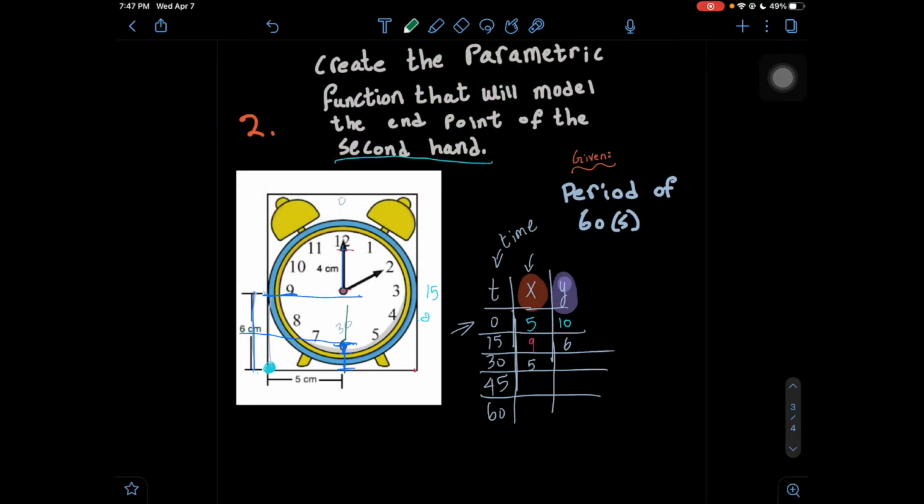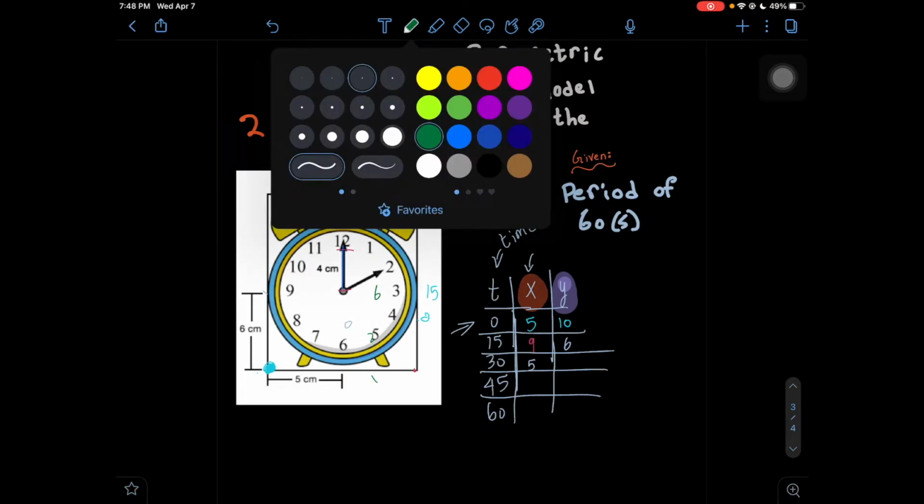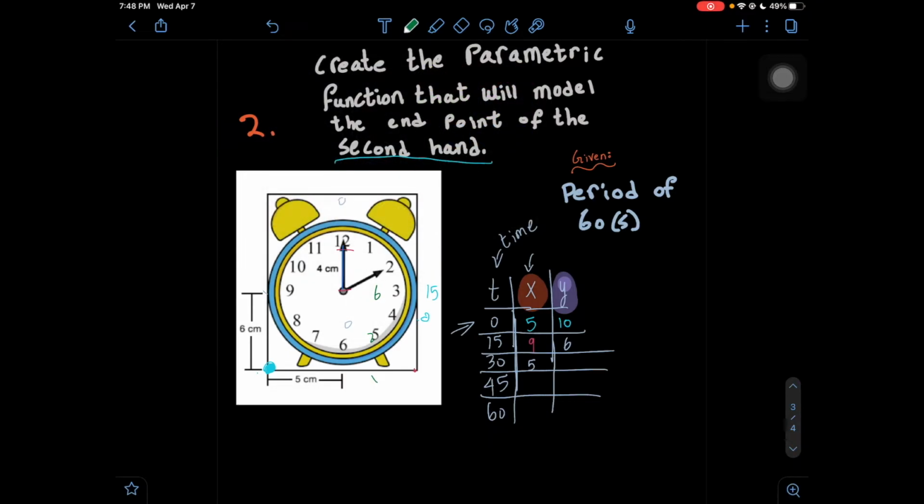If we subtract 4, we're left with this portion. If this much is 6 and that's 4, 6 minus 4 is 2, so this line segment is 2. So the next y value at 30 seconds is 2.